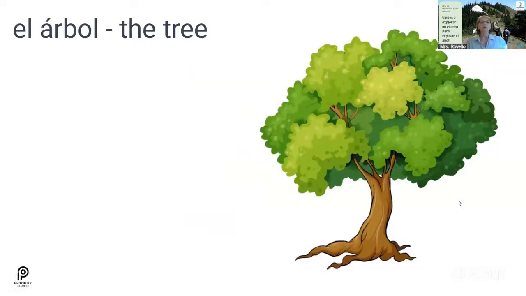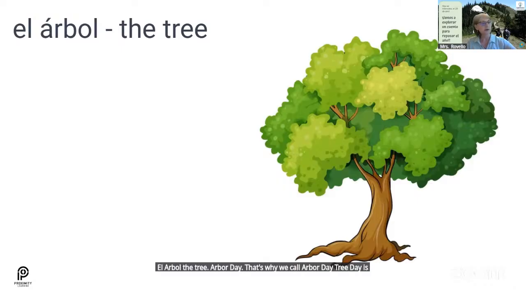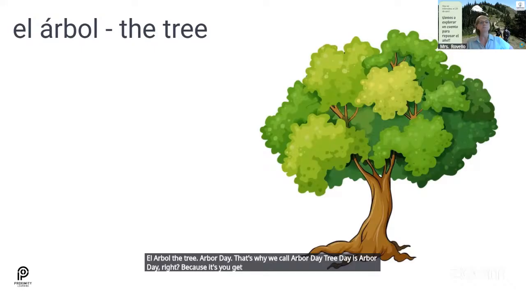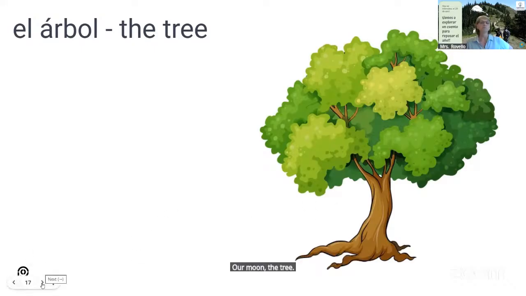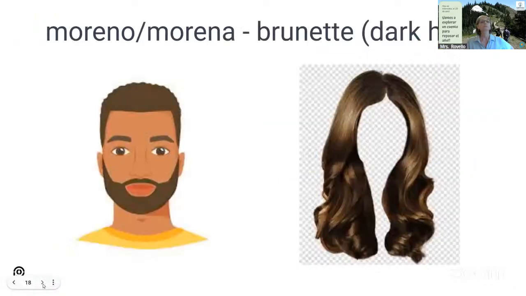El árbol, the tree. Arbor Day. That's why we call it Arbor Day. Tree Day is Arbor Day, right? Because we get that word from Latin. Arbol. The tree. Okay.